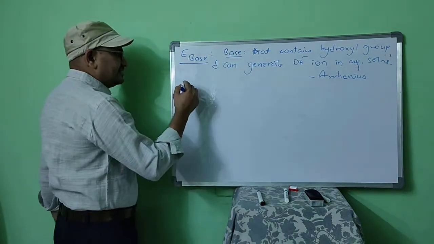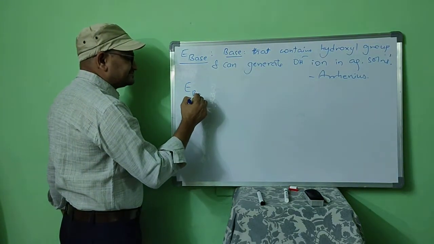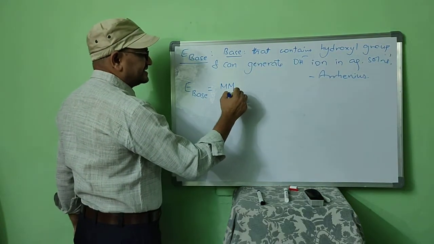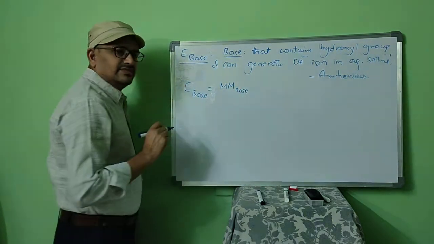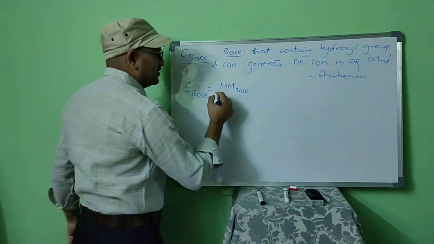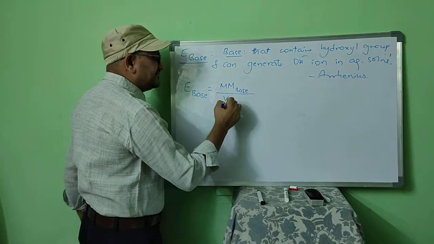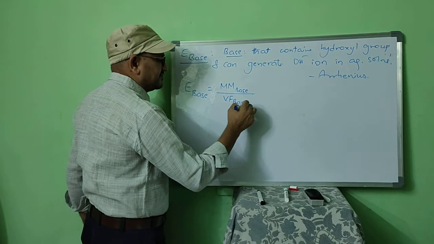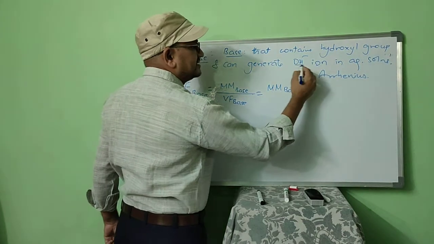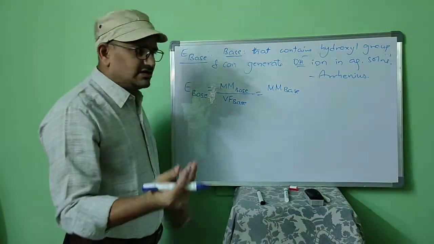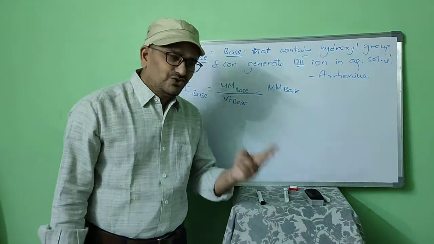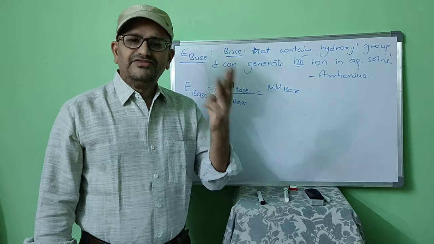Now, the equivalent mass of a base can be calculated as molecular mass of base over valency factor of base. What is the valency factor of a base? What is meant by a base? Which can generate OH- ions. One base may generate one OH- ion, another may generate two OH- ions, another may generate 3.